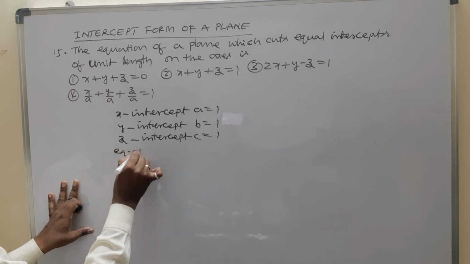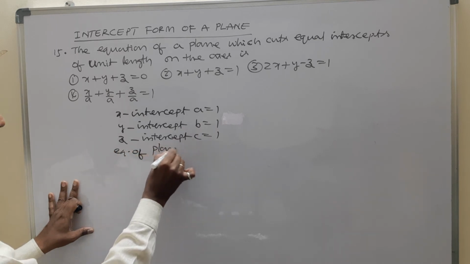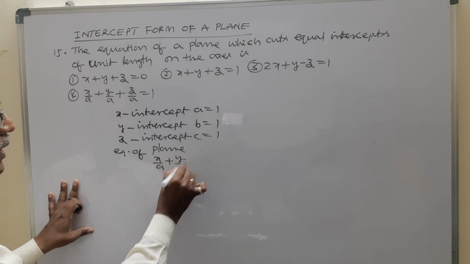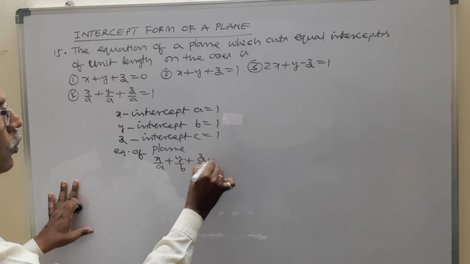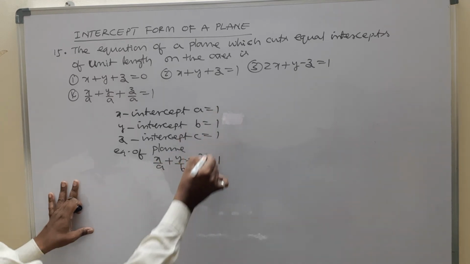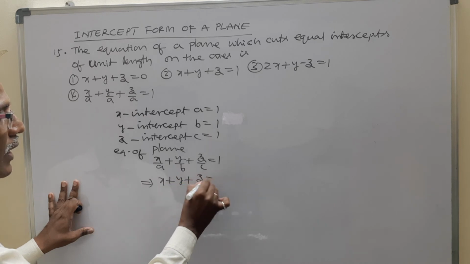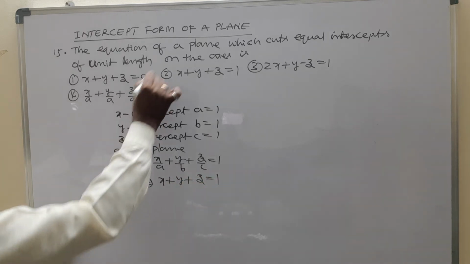Equation of plane in intercept form: x/a + y/b + z/c = 1. Here a, b, c are 1, so the result is x + y + z = 1. The second option is correct.